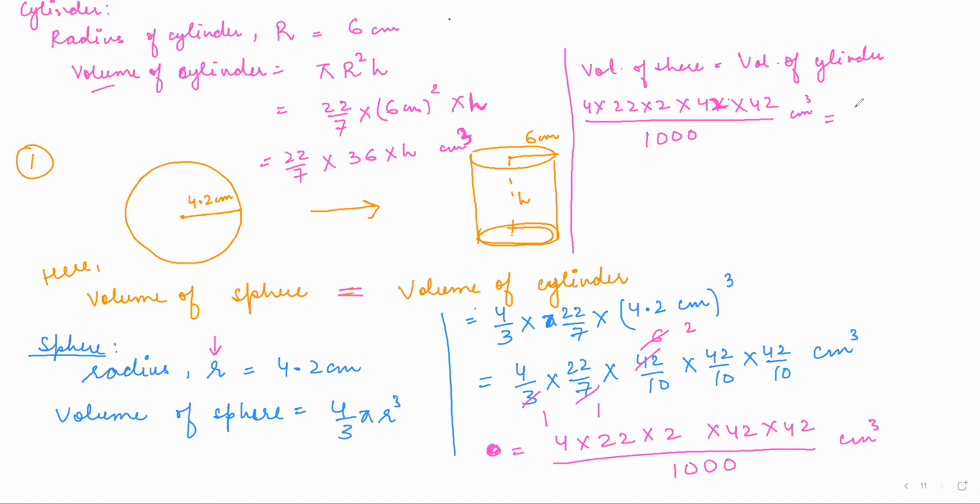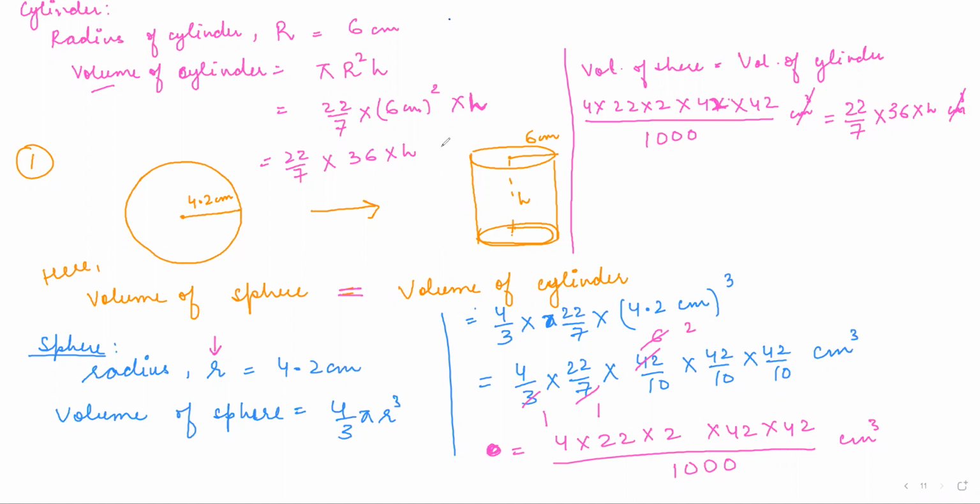And is equal to volume of cylinder is this 22 by 7 into 36 into h centimeter cube. So now the units actually get cancelled out because you are going to get a number only. Am I right? No. One minute. 1 centimeter. Yeah, let's keep 1 centimeter of h because ultimately in the end I need that.